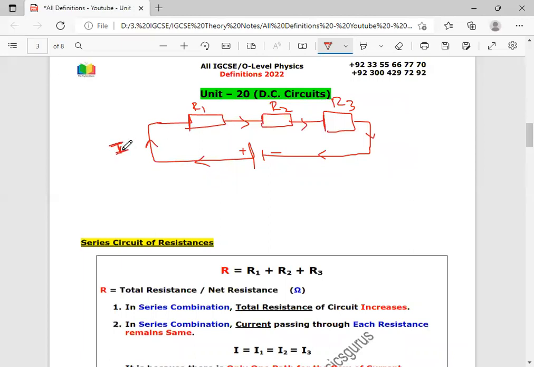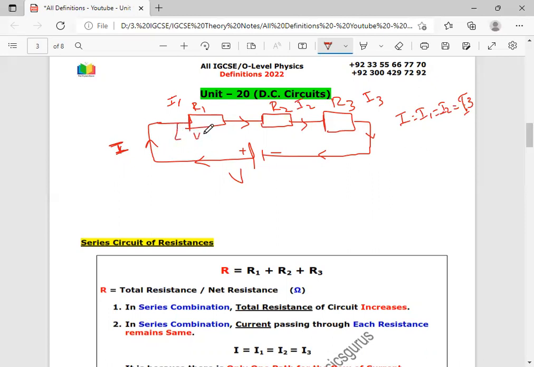So if V is the voltage of the battery and I is the current, then current passing through R1 will be I1, R2 will be I2, and through R3 will be I3, but all these currents will be equal. I is equal to I1 is equal to I2 is equal to I3. And what is the reason? In series combination, current passing through each resistance remains the same because there is only one path for the flow of current.